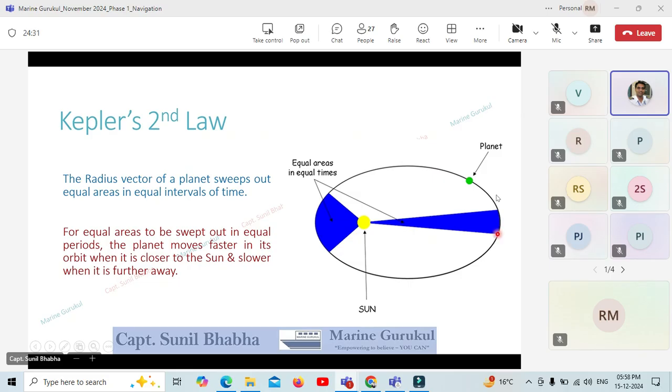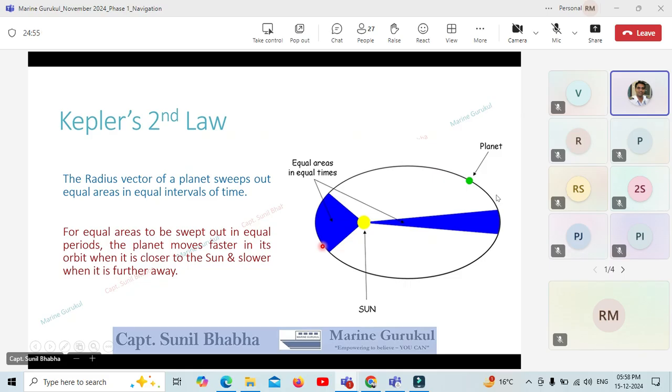So the speed with which the planet covers its orbit is not constant or fixed. The planet keeps on changing its speed. It becomes slow when it is far away from the sun, and it picks up speed and becomes faster when it is closer to the sun.